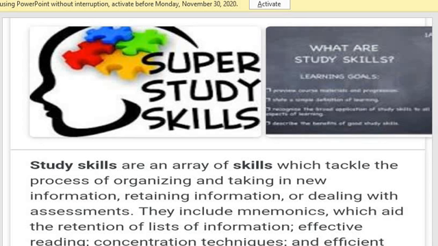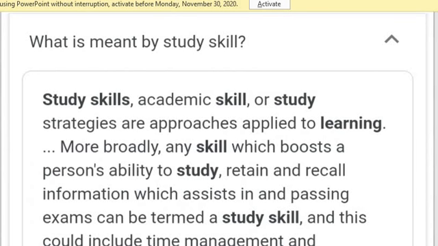So this study basically teaches you how to study in university. That helps you maintain yourself and mold yourself in an environment where you have never been before. Okay, let's move on to the next slide.